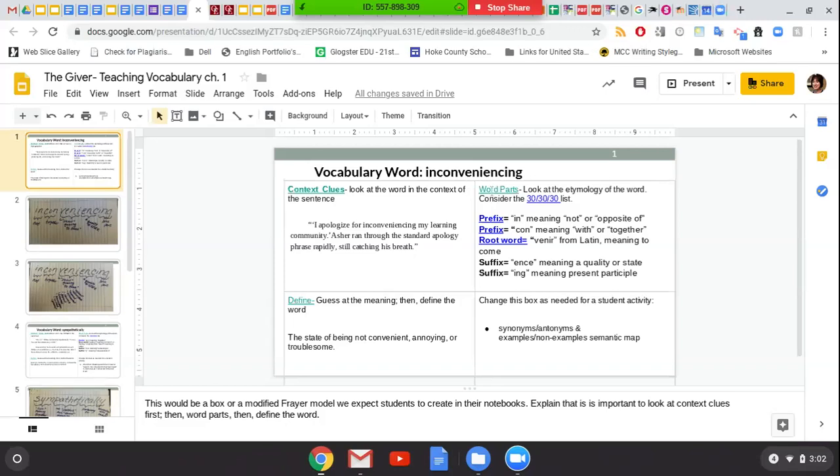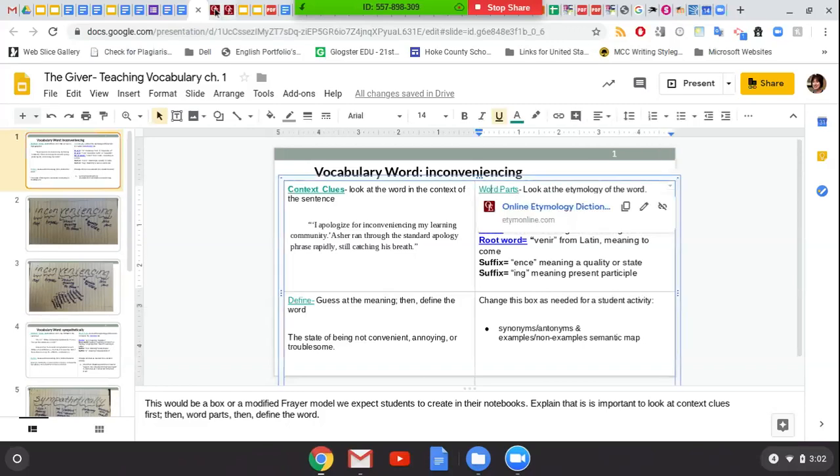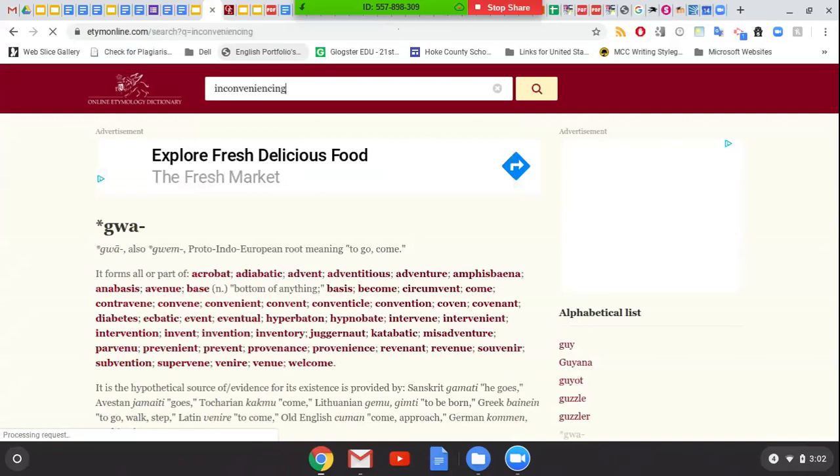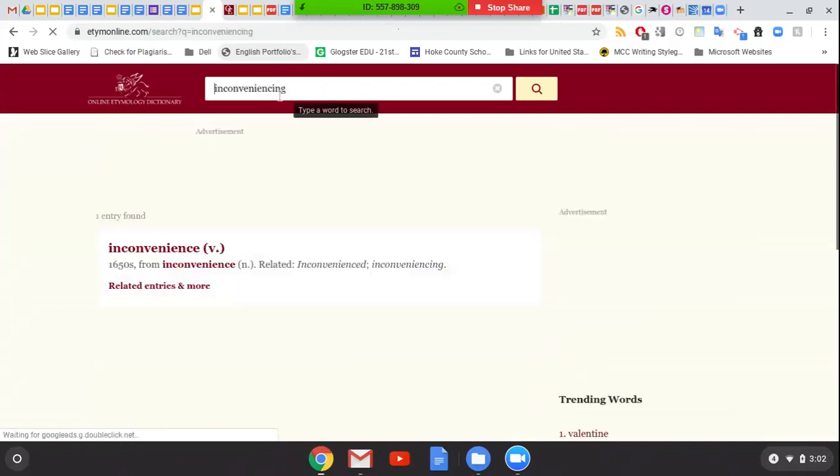So if I did that, it would take me to the Etymology Online site. And let me start over here and put in the word inconveniencing. Now, sometimes when I have a word that has multiple suffixes or different types of suffixes, it'll redirect me to the word in another form.